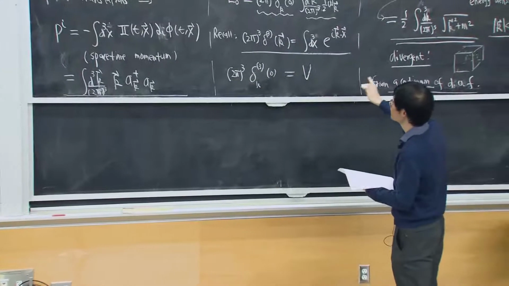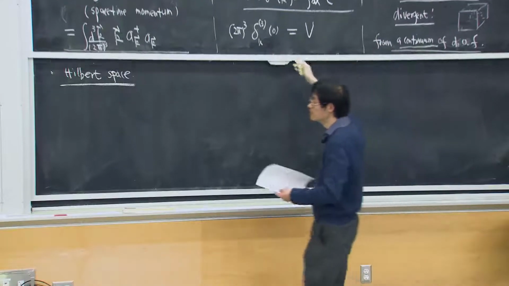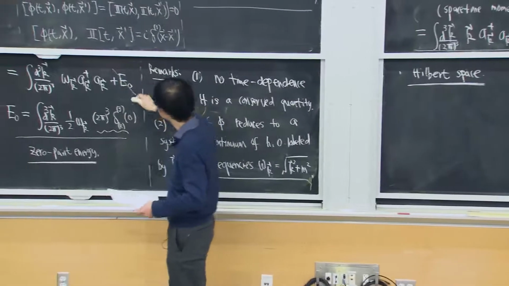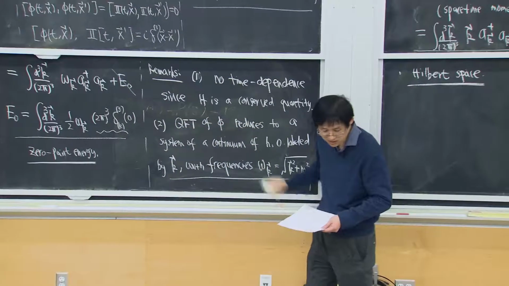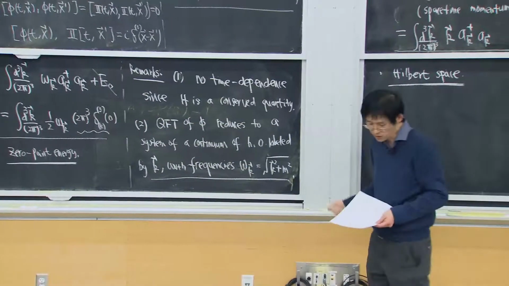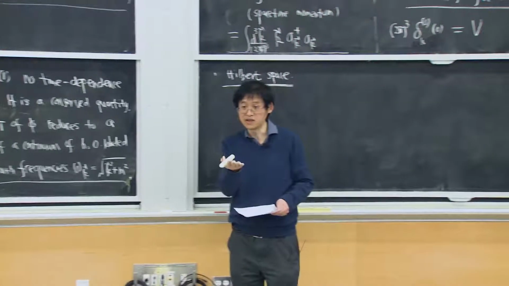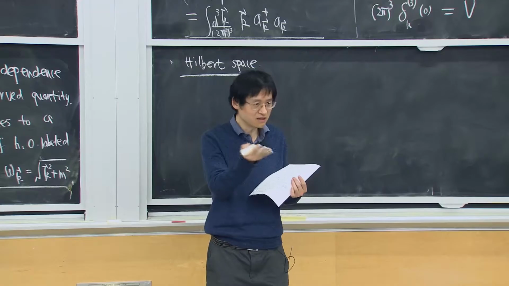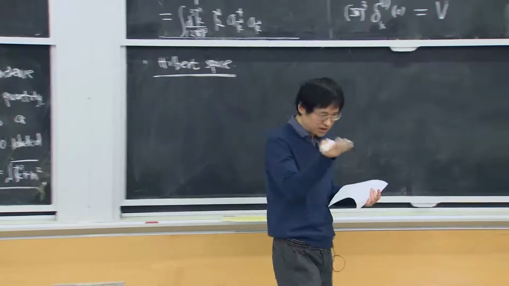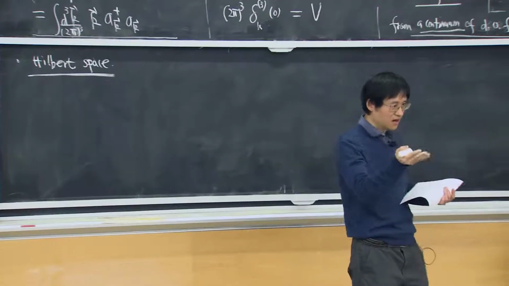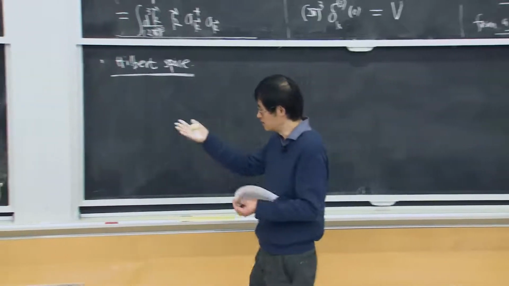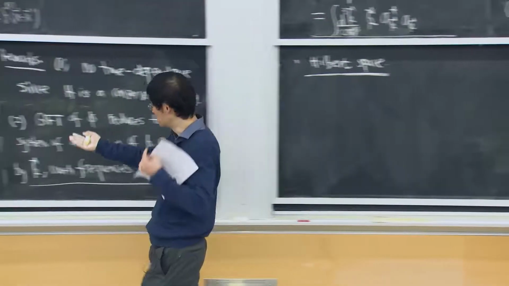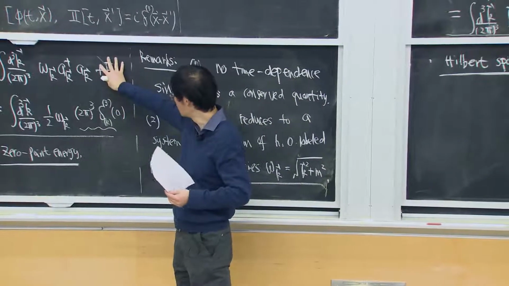In quantum field theory itself, we can just ignore this E0. From now on, we will just ignore this E0, because it just gives you an overall constant, which does not do anything. It's like the potential energy in E and M. So from now on, we ignore this term.